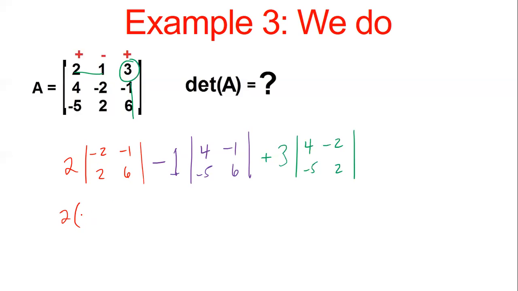So -2 times 6 is -12, minus 2 times -1, which is -2. And a negative times a negative is a positive. Agreed? So we cross multiply and subtract. Now we're going to do the next one, minus 1. We're going to cross multiply. 4 times 6 is 24, minus -5 times -1, +5.